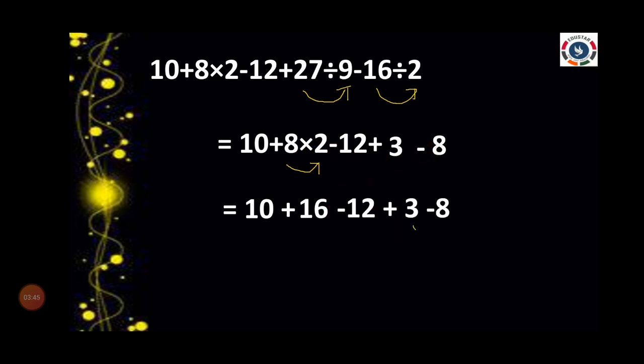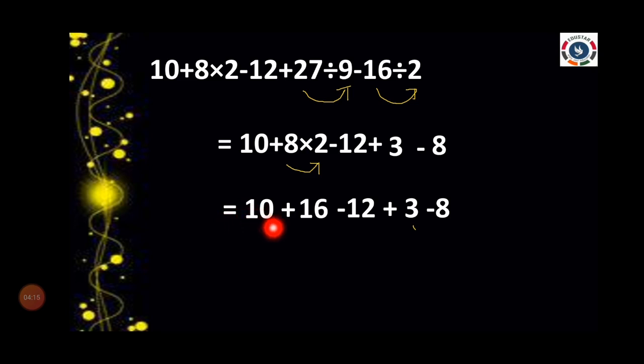Okay. Now second step over. Division over, multiplication over. Then what do you want to do? We want to add the values. Wherever we are having the plus sign, as in 10 plus 16 plus 3. Already I told that if the first number has no other symbol before it, you have to imagine the plus sign before the 10.